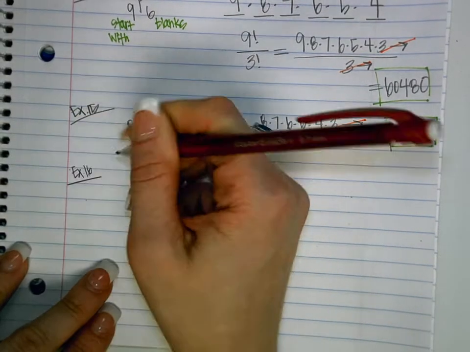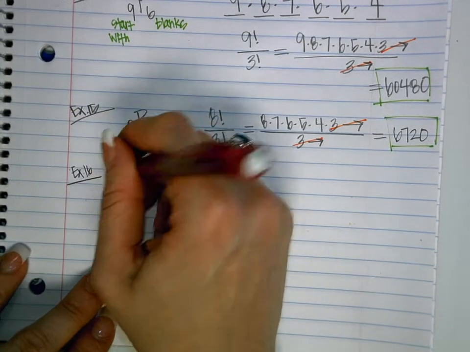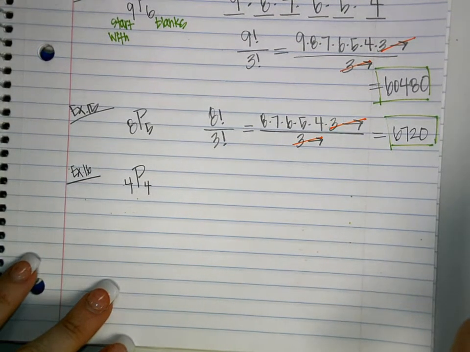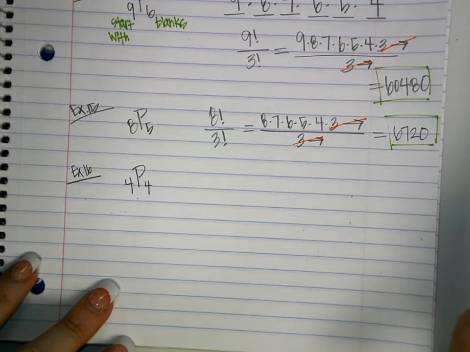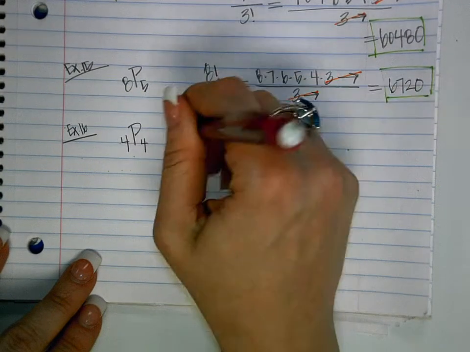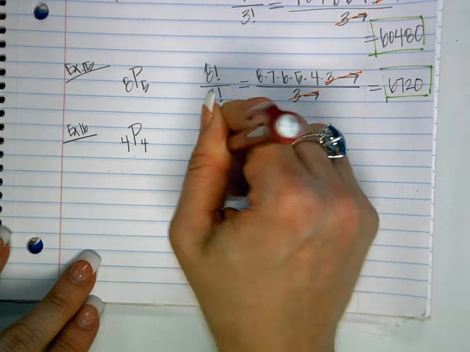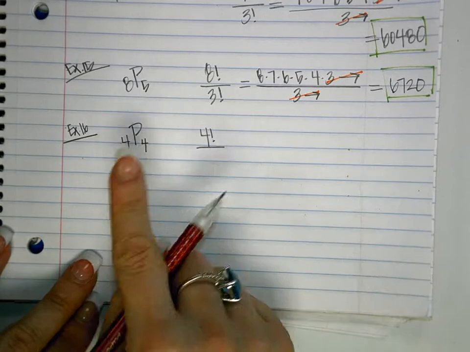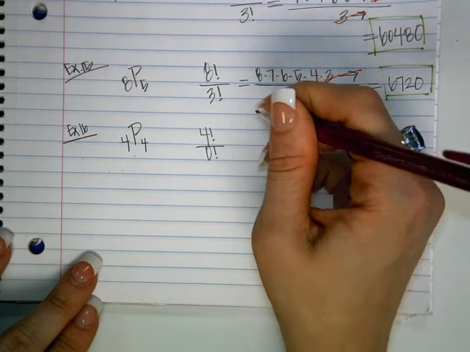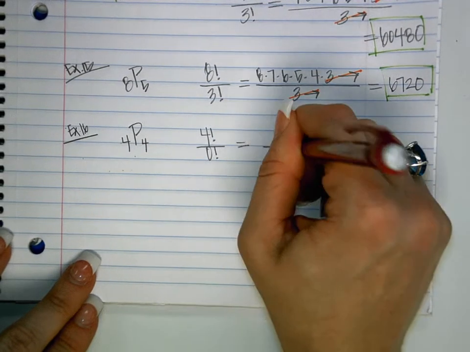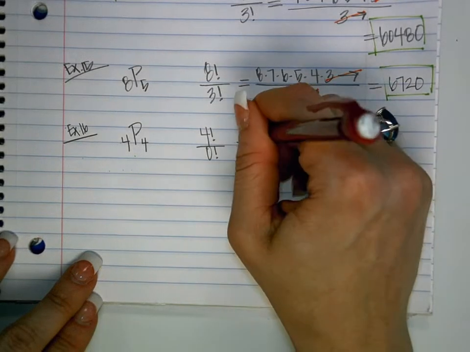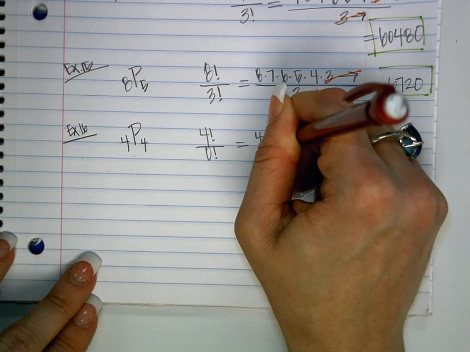Okay, and then the last one we're going to do, number 16, is 4P4. So if you work this out, this is 4 factorial, so always the first number factorial, divided by, what's 4 minus 4? 0 factorial. Now, 0 factorial is equal to 1. So 4 factorial is 4 times 3 times 2 times 1 divided by 1.